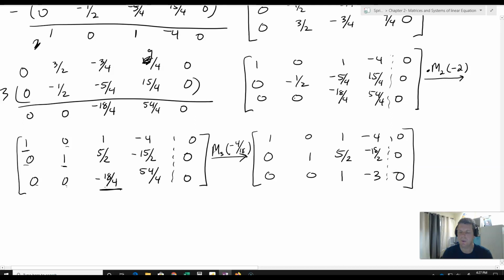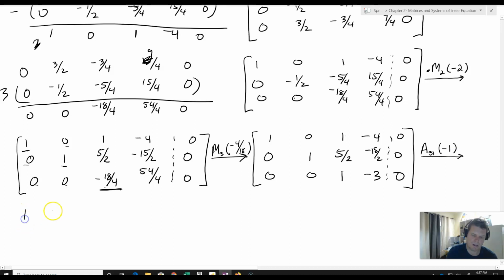Excellent. Great. So now what I'm going to do next is, we want to get zeros above and below, so I'm going to add row 3 plus row 1, that's going to be times negative 1.